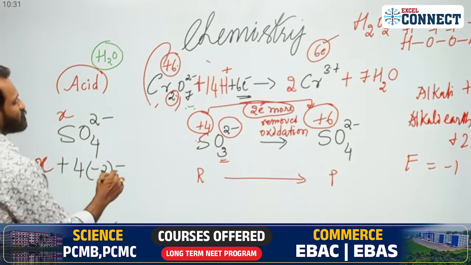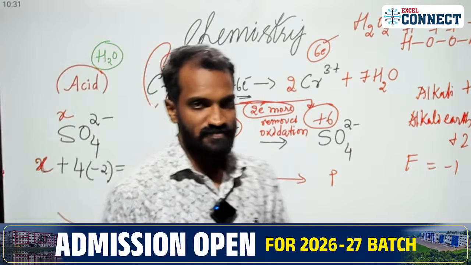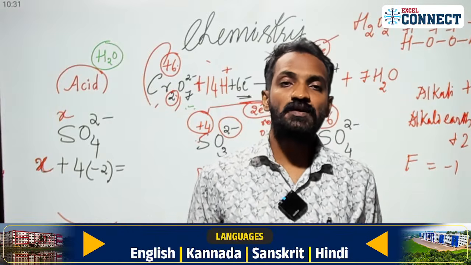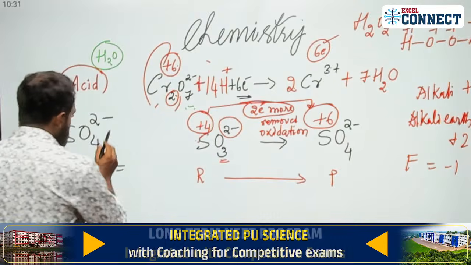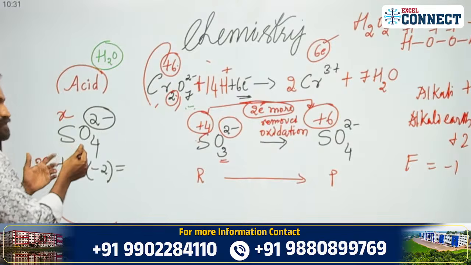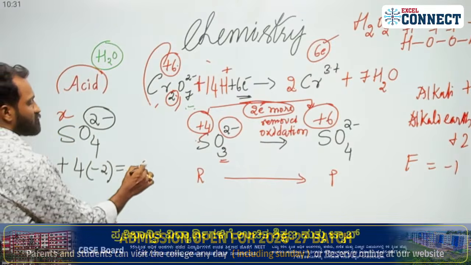That we know because it's a rule. Clear? In general, oxygen must show -2 oxidation state. If it is not given in the question, it's already understood, so it must be put like this.